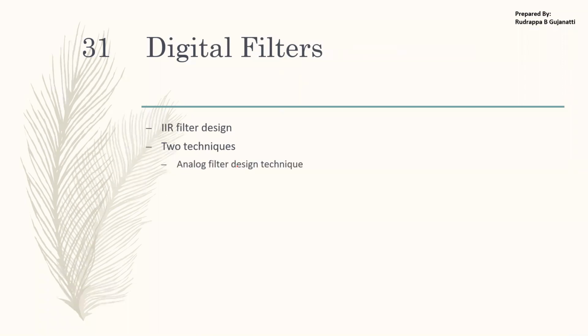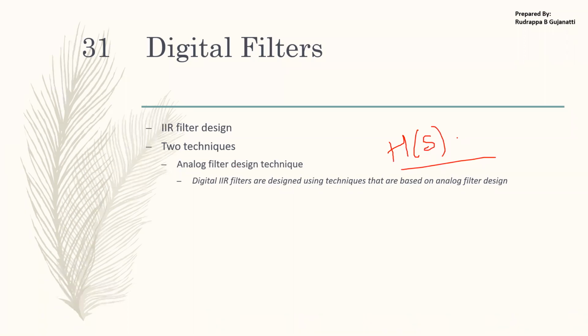We had discussed even how IIR filter design takes place. These are the two techniques. The first one is the analog filter design technique, in which you design the filter based on the analog techniques which are present. You build the analog filter first, and then you convert that analog filter to a digital filter. Yesterday I specified that you obtain the filter in analog form, obtain this H of s, and then transform it into H of z, that is s to z domain.